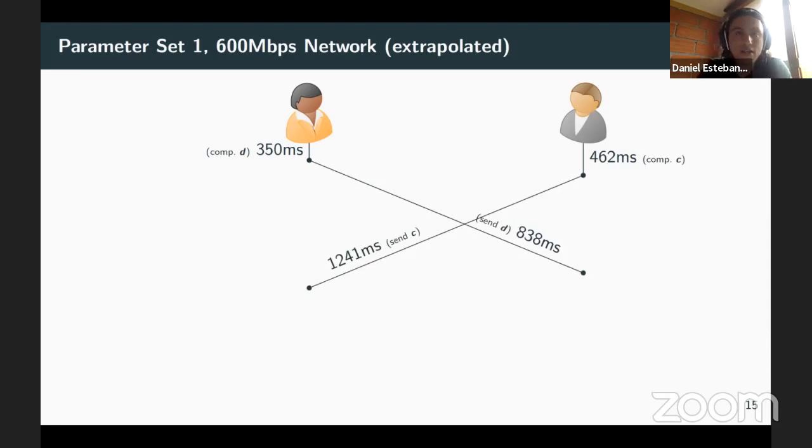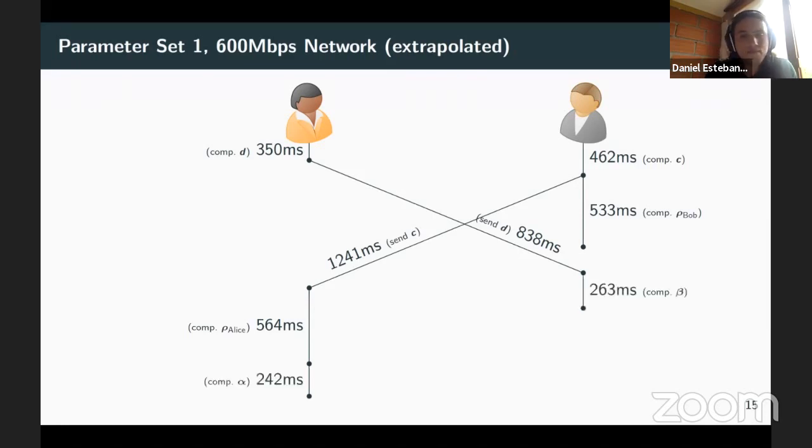This is my calculation, based on the network speed, of the time it will take for these messages to arrive. Then Bob can compute his raw value immediately after sending C, but Alice has to wait to receive C because her raw value depends on C.